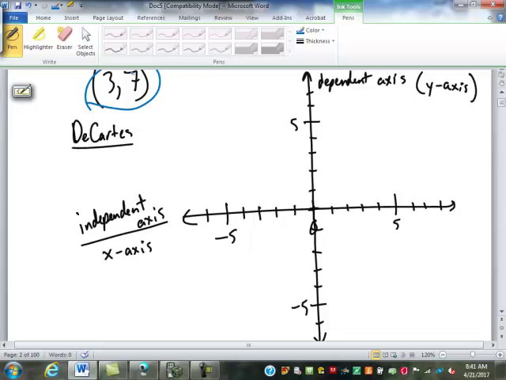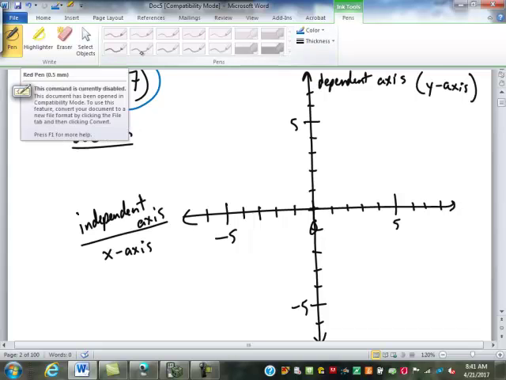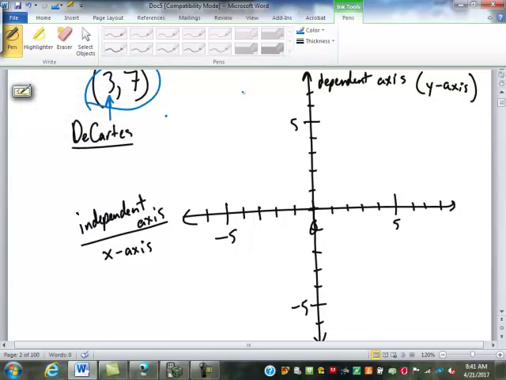So in that ordered pair, the 3 is the x value, or the independent value. That's the predictor value. We're using that value to predict the other value. So that's going to be at 3 right in here. The second value is the dependent value, or the y value.